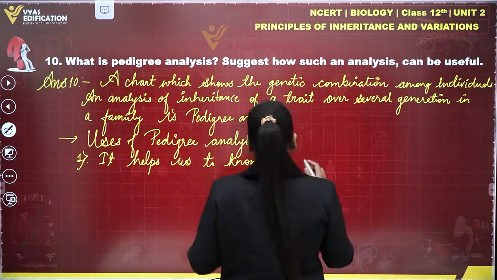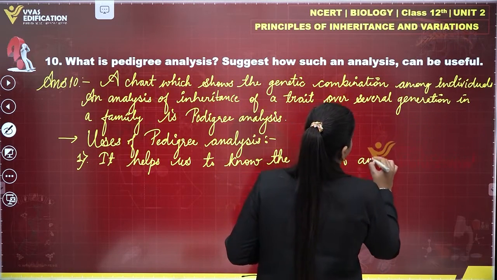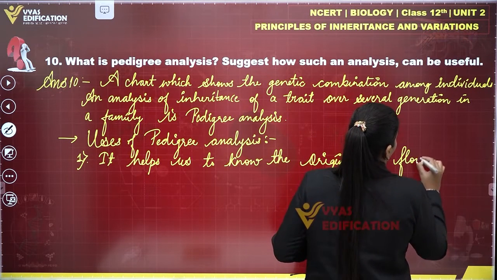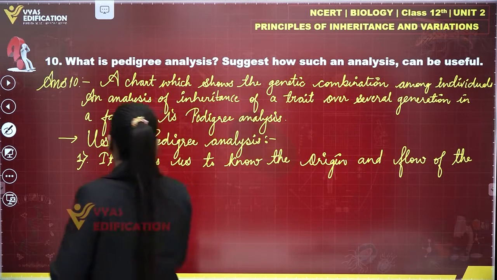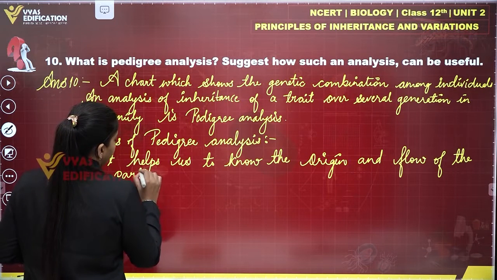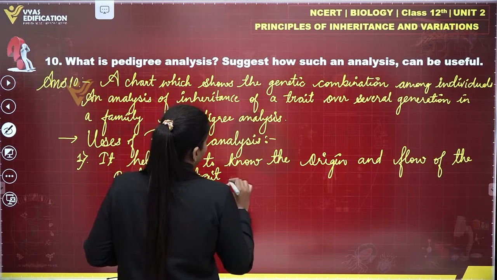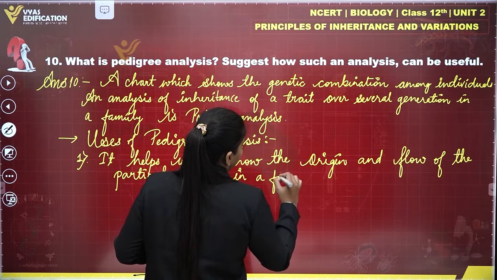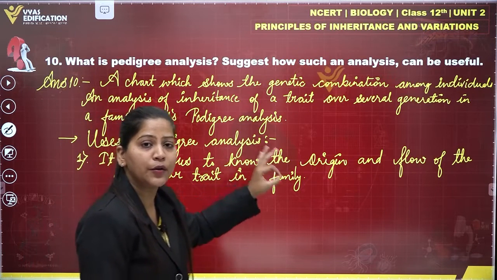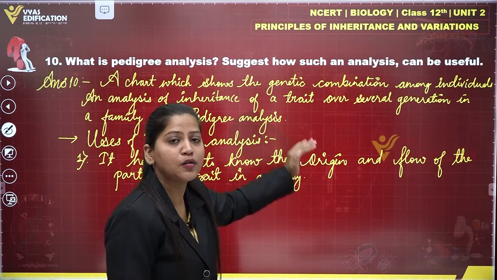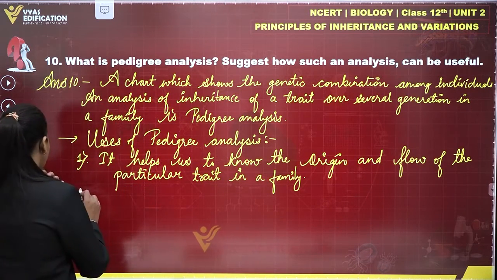This pedigree analysis helps us to know the origin and also the flow of the particular trait in a family. By this pedigree chart, a doctor can know where the particular trait originated in a family, and he also can know the flow of that trait over generations.